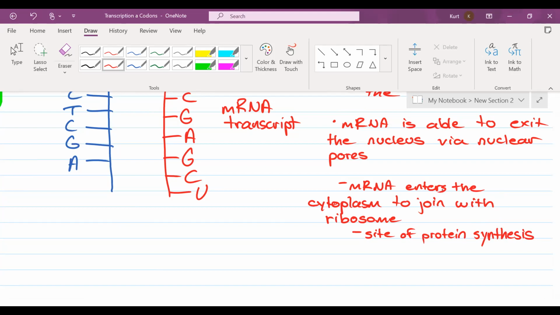And this will lead to translation, which we're going to do next week. And translation will be a lesson that we will do, I think, next Tuesday and Wednesday. So that's pretty much everything for transcription for now.